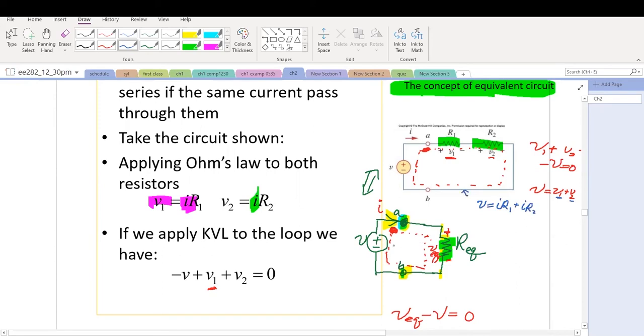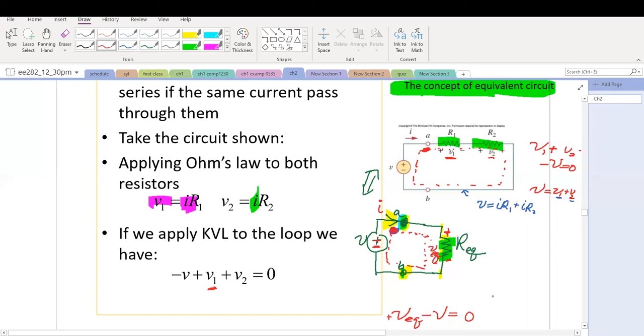Let's look at the second, this equivalent circuit. We need to figure out the value of this resistor here, Req. So how do we do that? We use KVL. I start walking at this point. The first encountered voltage is VEQ. I encountered the positive sign first, so there is a positive sign here. And I keep walking here, and then minus V because I encountered the negative sign first.